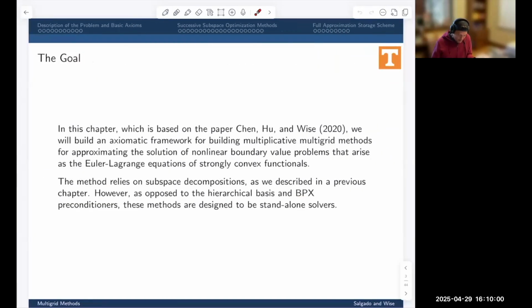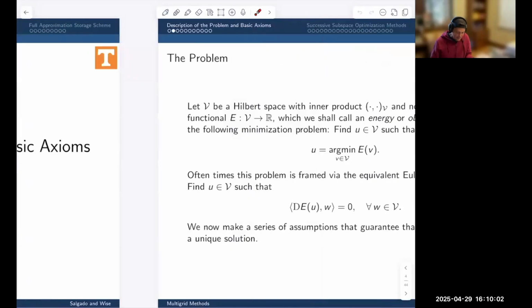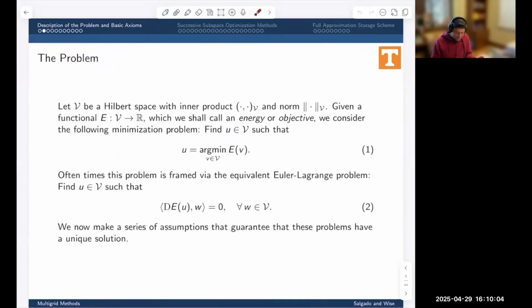All right, so the goal is, of course, to solve some sort of optimization problem, but I would say that's not really our goal. The point is oftentimes we're given a partial differential equation that we have to solve, and from that we go backwards and think about, well, what is the optimization problem that's associated with that?